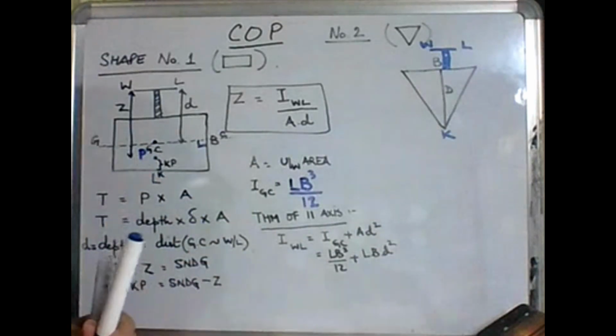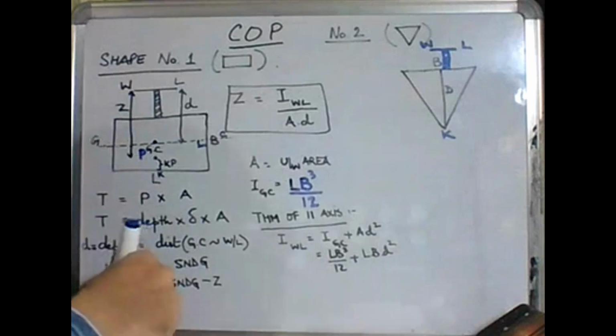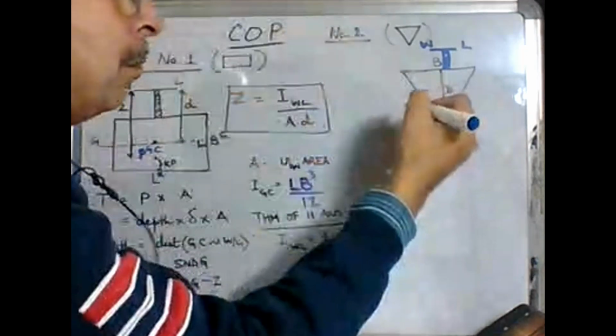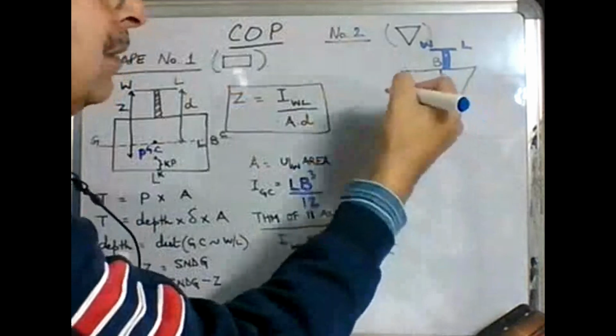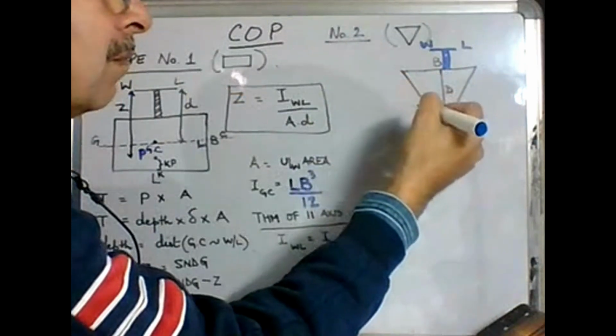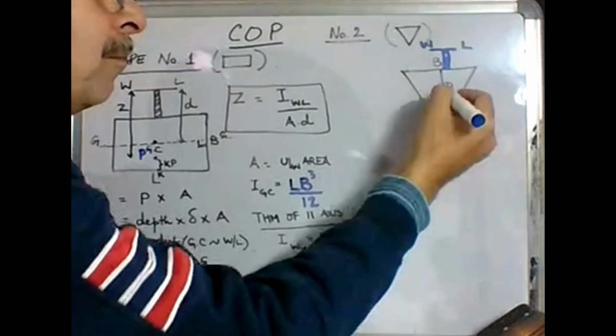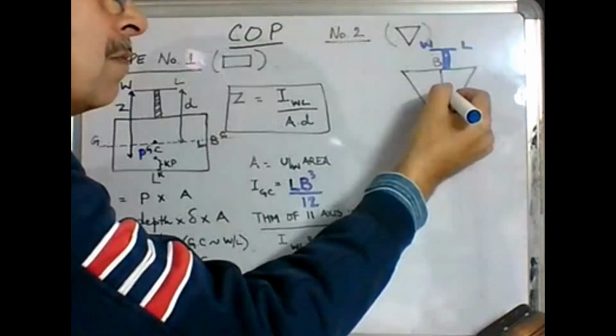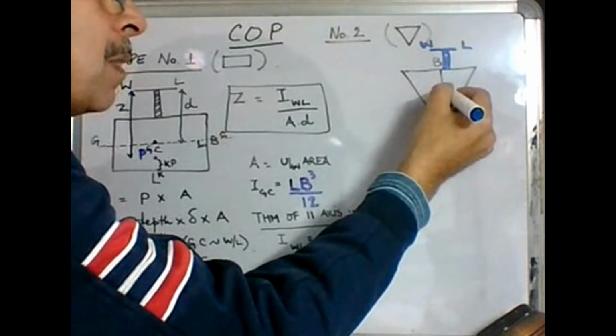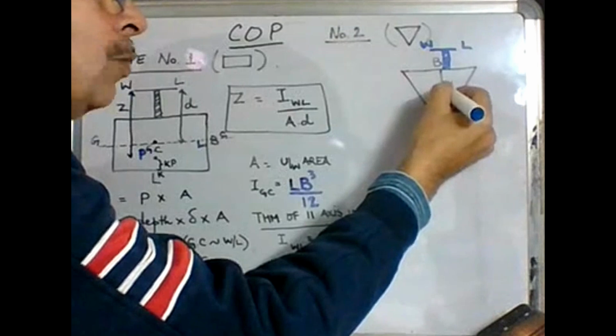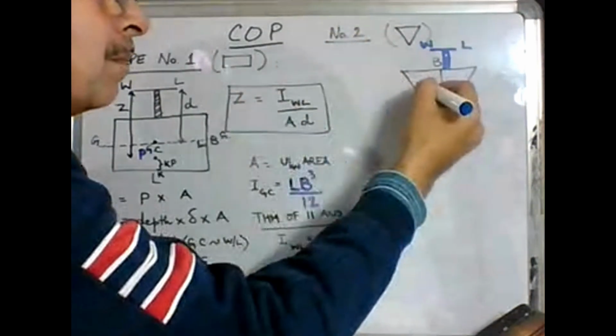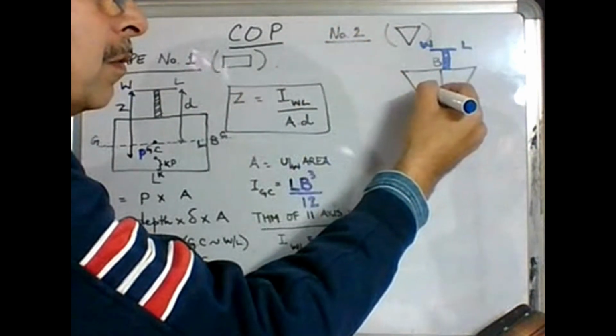Where is the geometric center of this triangle? The GC of the triangle is 2/3 from where? From the apex.